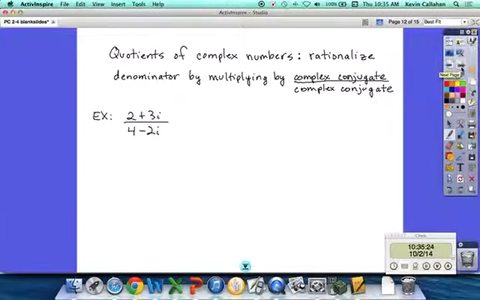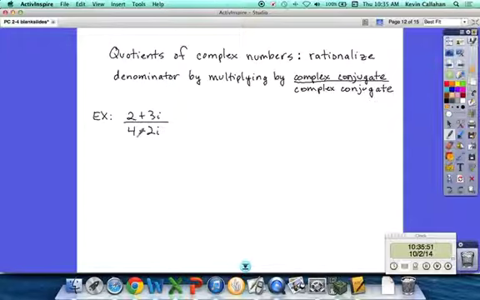So that leads to the strategy for what they don't call division. What they say is simplify the quotients of complex numbers so that the result is a complex number in standard form, a plus bi. Basically, we're going to turn the denominator into a real number by multiplying it by its complex conjugate.